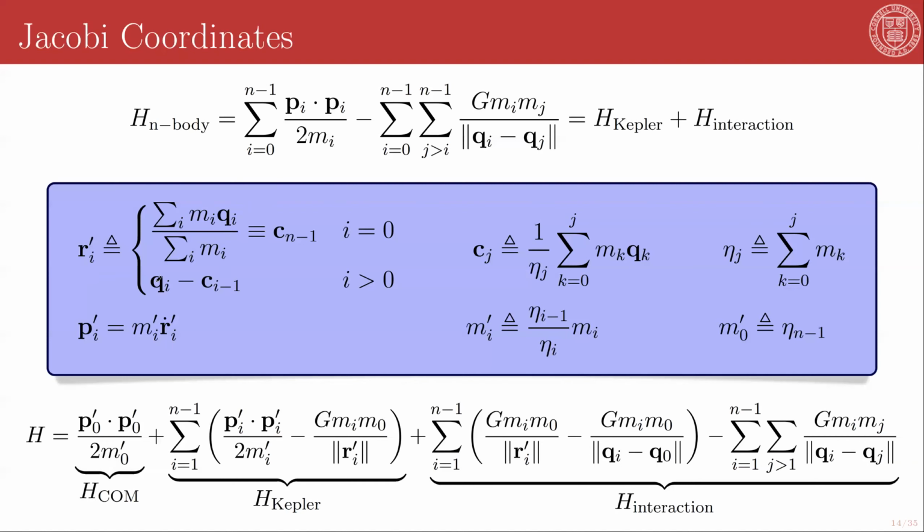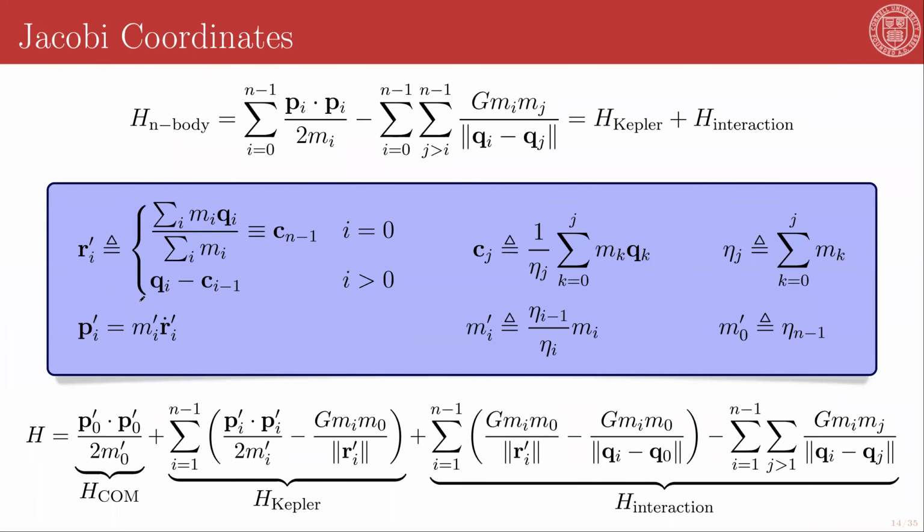The utility of this coordinate set is that the conjugate momenta, which we'll call p prime sub i of this modified coordinate set r prime sub i, is just m prime i times the time derivative of r prime i. And m prime i is defined as this eta value, eta of i minus 1, divided by eta i, times m sub i, with the very first of these, m prime 0, being defined as eta of n minus 1, which is the total mass of the whole n-body system.